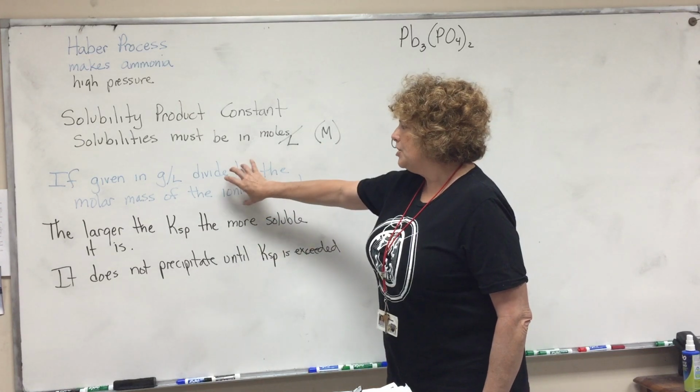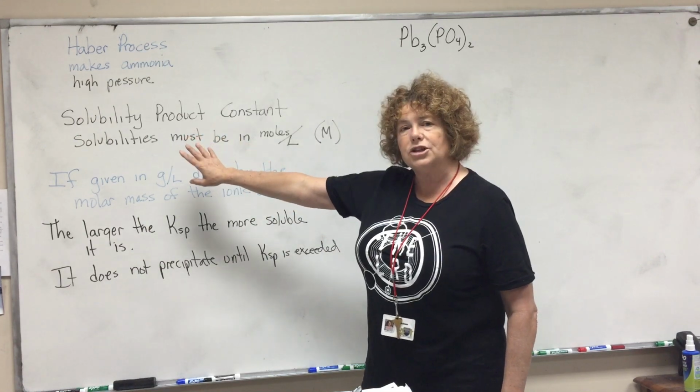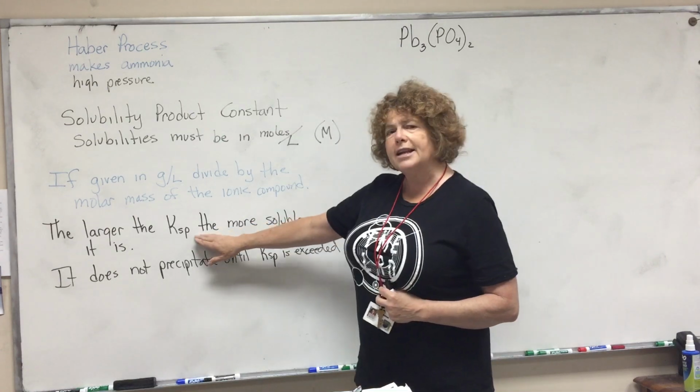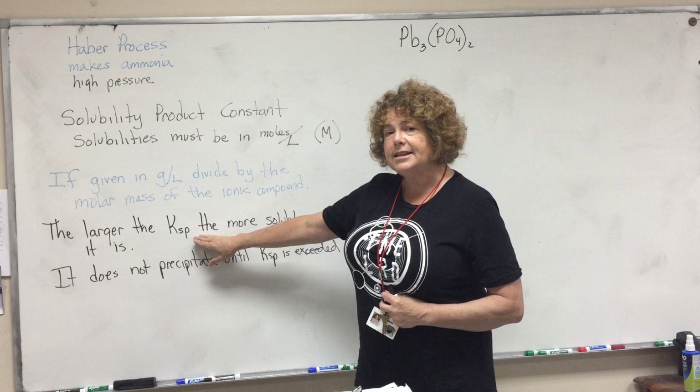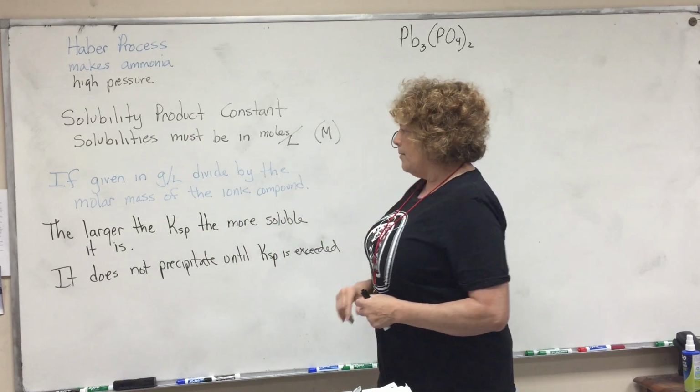So these are what you're going to plug into the solubility product constant equation to find the solubility product constant. The larger that solubility product constant is, the more soluble it is. And I'll show you why when I write one.